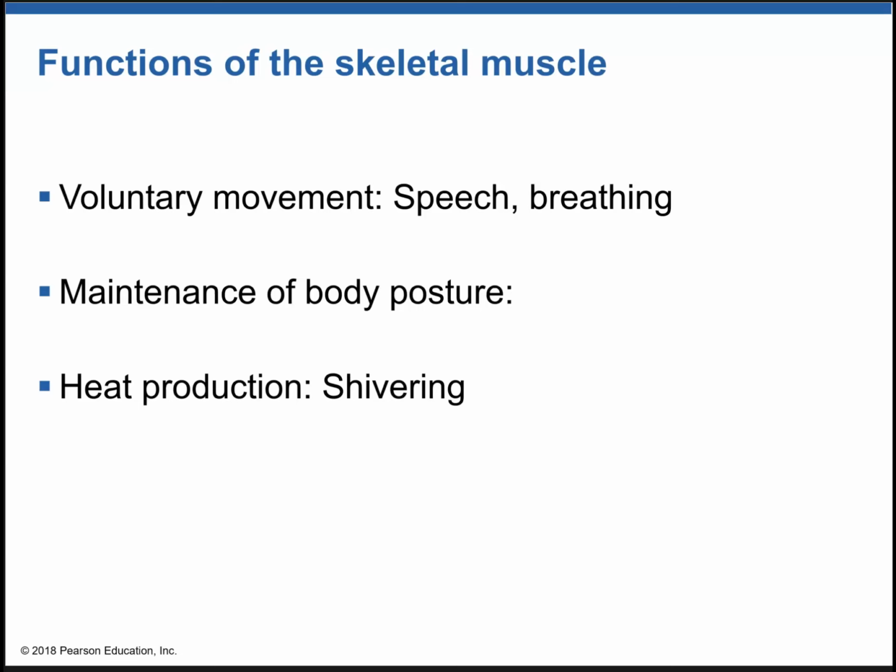And by far the most important function of muscle tissue is obviously breathing. Without the muscle tissues around the intercostals, around the vertebrae, and the diaphragm, which is also a muscle, you will not be able to breathe.